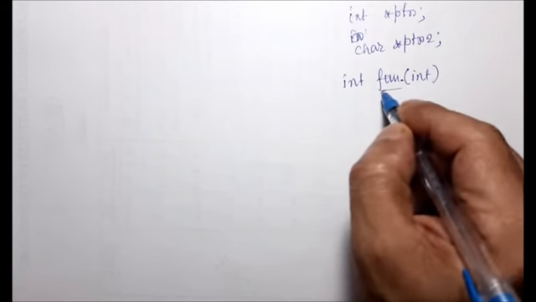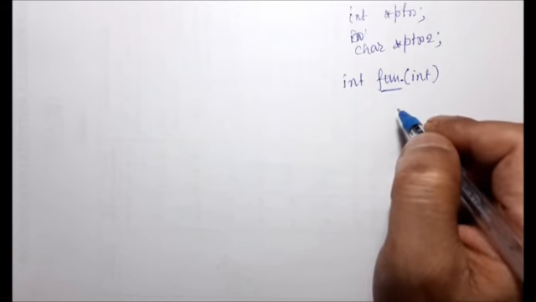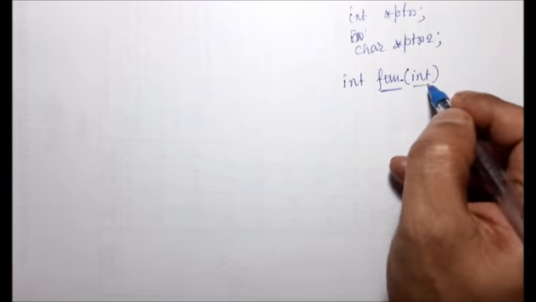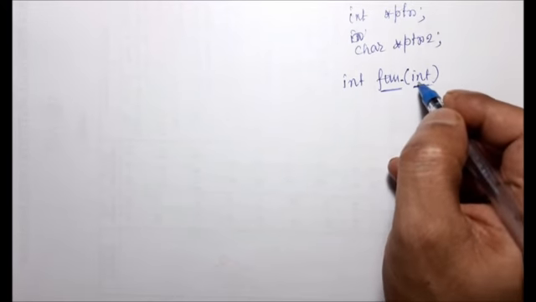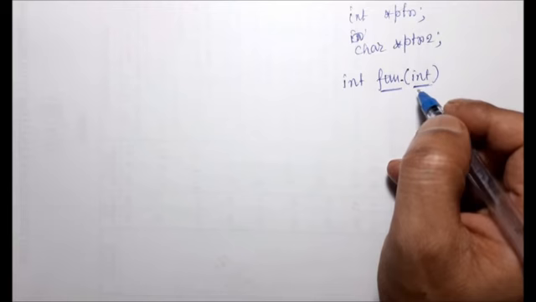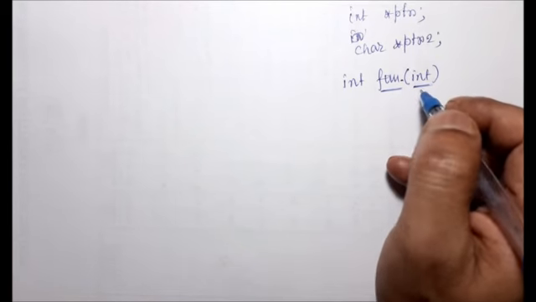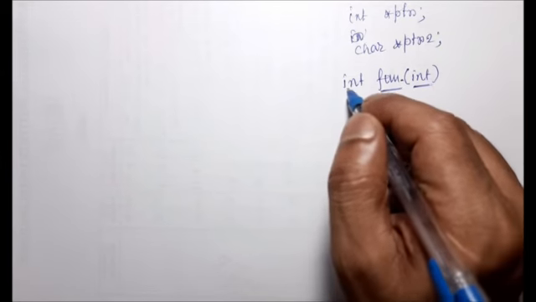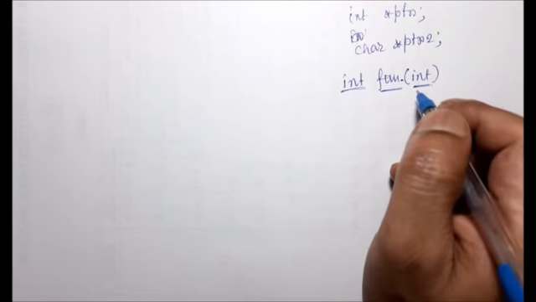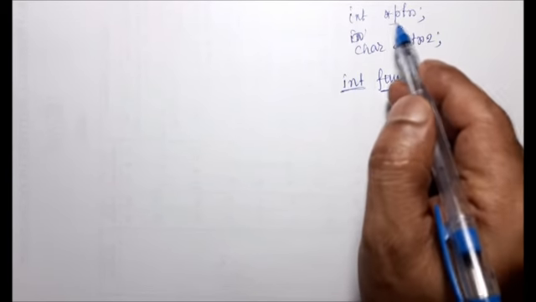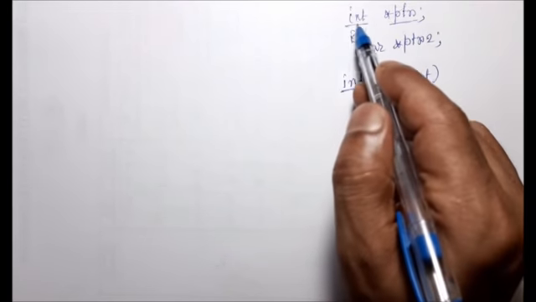The name of the function is fun, and it takes one argument, int, as a prototype, right? That is my declaration of the function, and the return type of this function is integer.